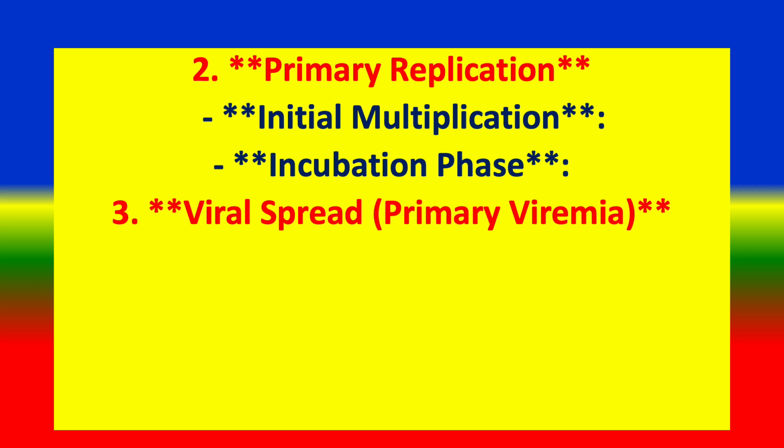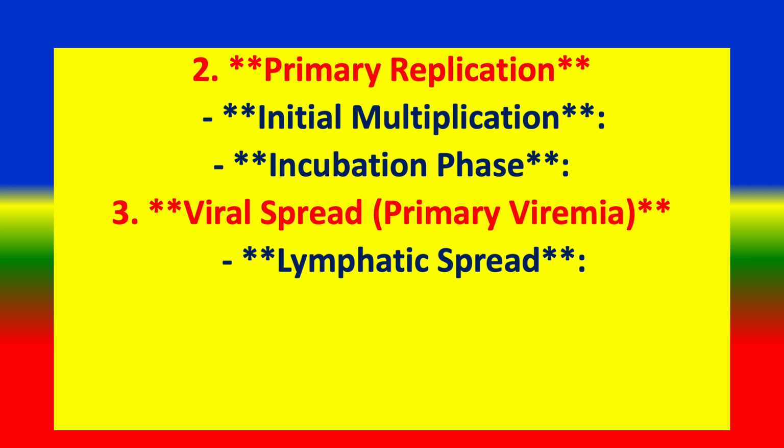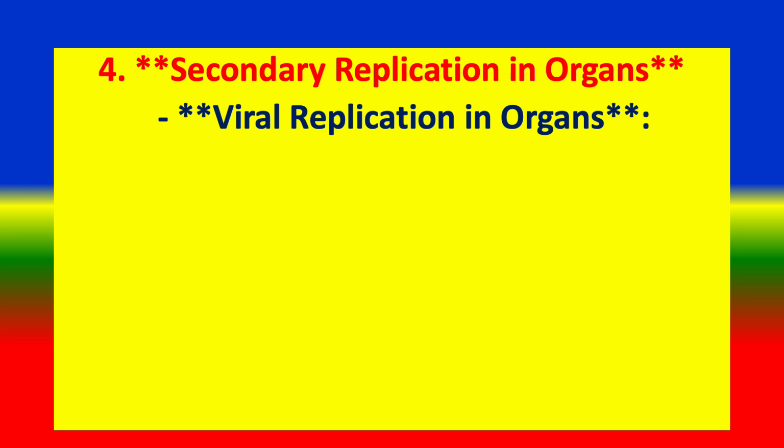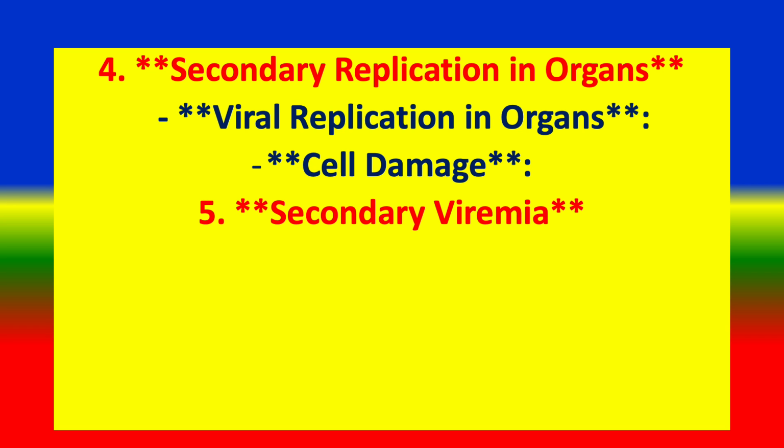Viral spread, lymphatic spread, primary viremia. 4. Secondary replication in organs, viral replication in organs, cell damage.